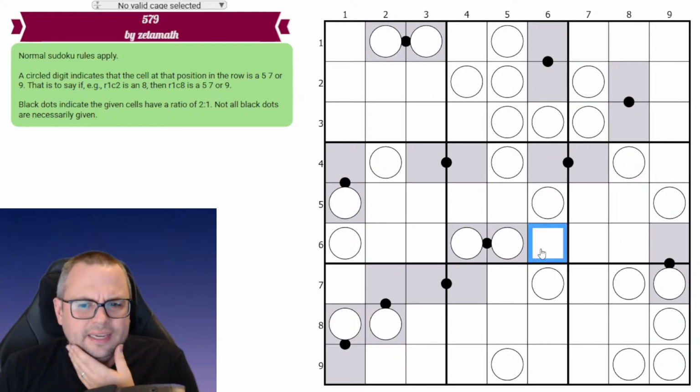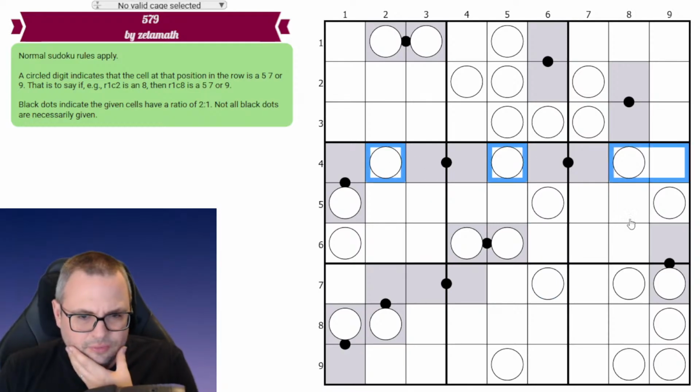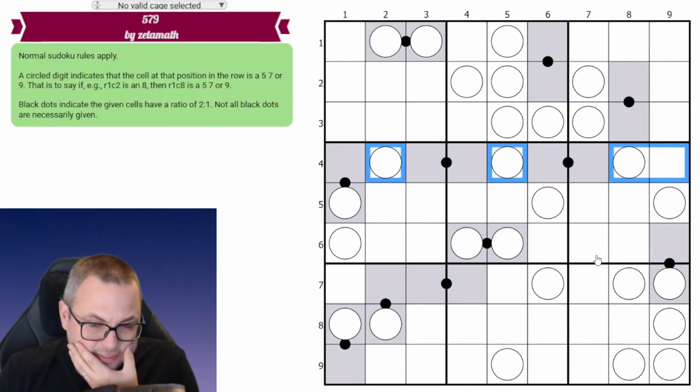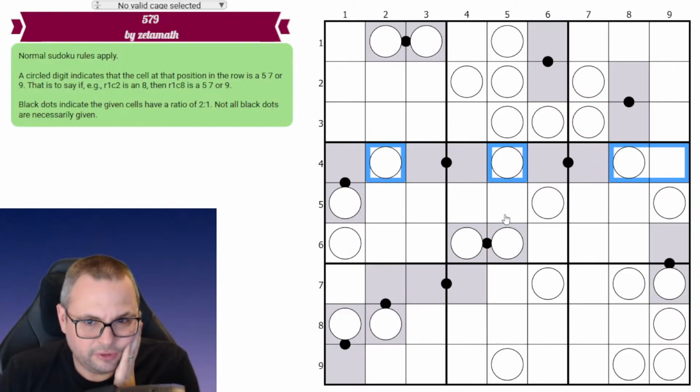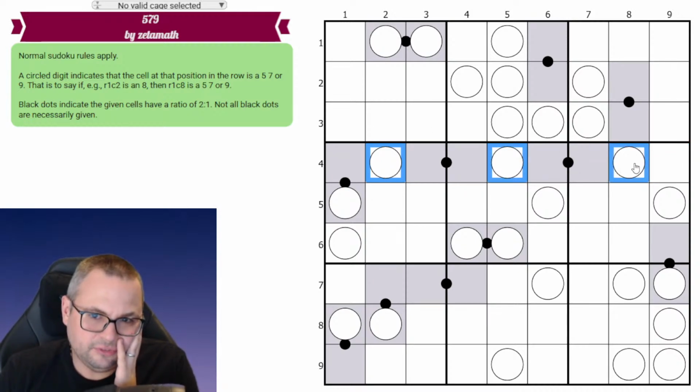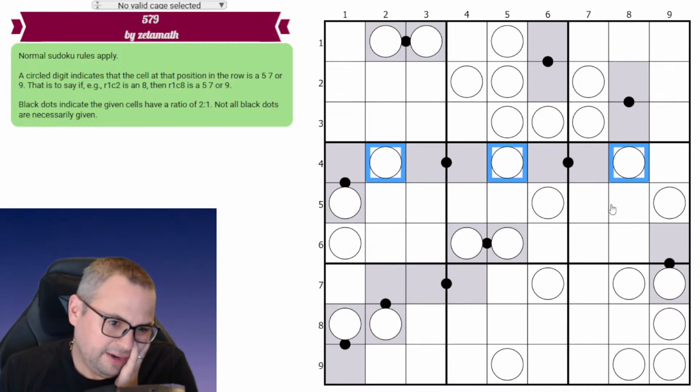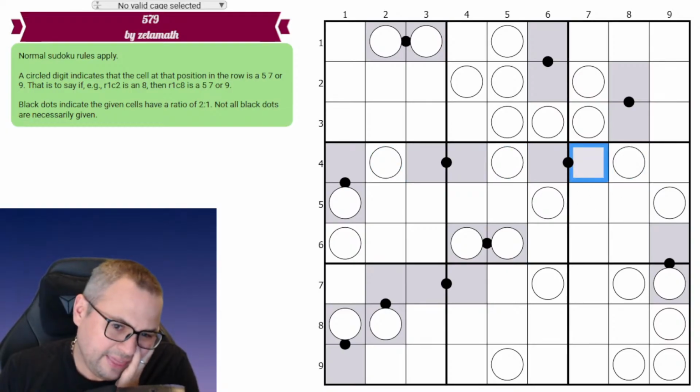This row's a little bit odd. Okay, so where is the 7 in this row, I think is the question. Because I can't put the 7 in a circle, because if I put the 7 in a circle, then I'm saying that digit's a 5, 7, or 9, which it's not.